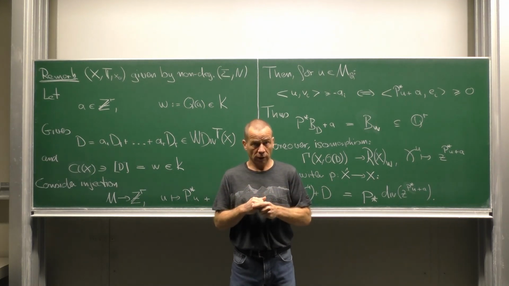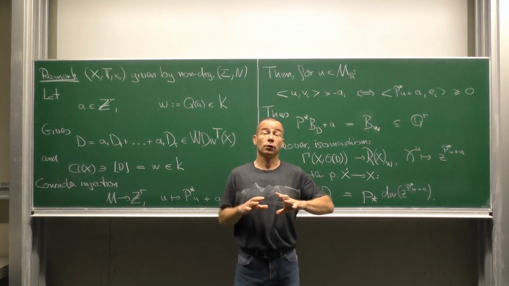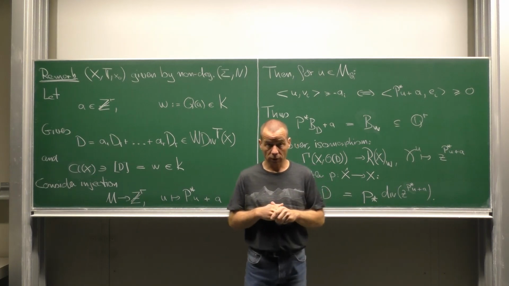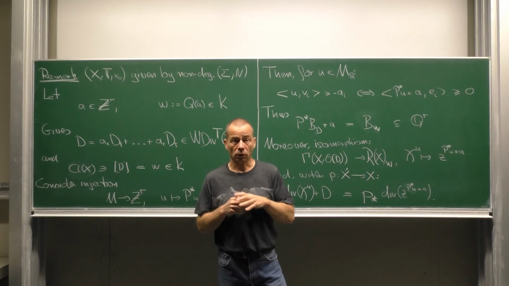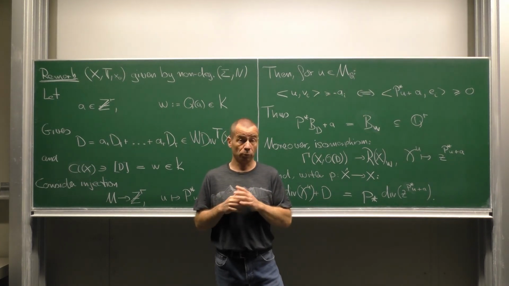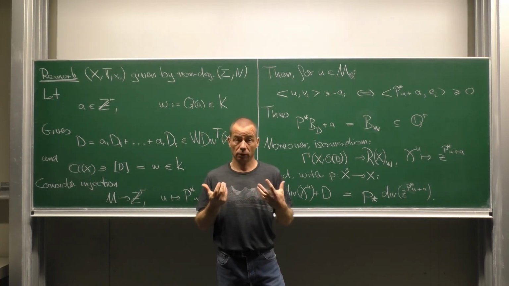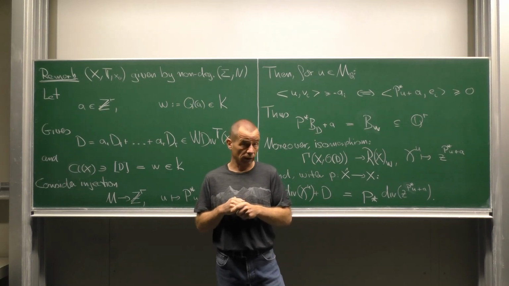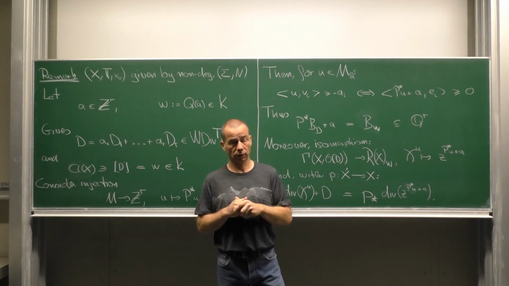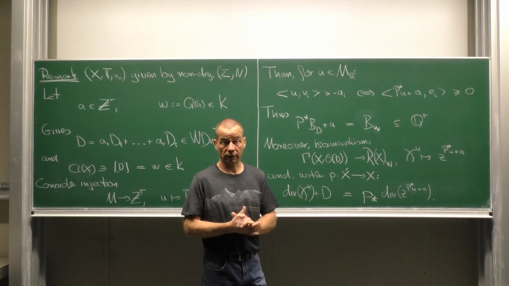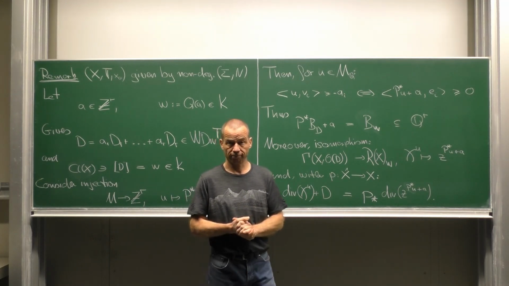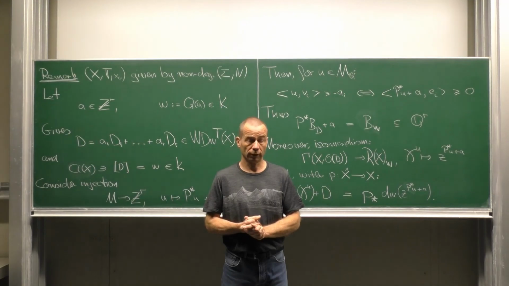So philosophically speaking, this means that the homogeneous coordinate ring knows all the divisorial polyhedra, consequently all the spaces of sections, and even it knows about the divisors of the sections. See you in the next clip.